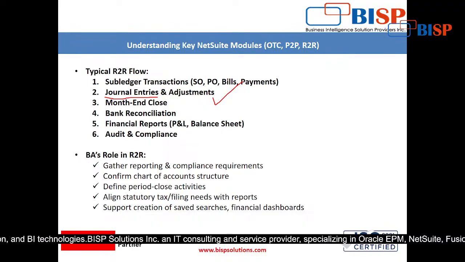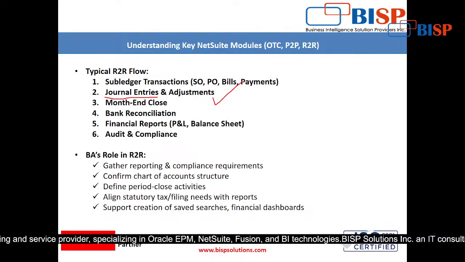Then you will see the month end close, bank reconciliation, finance reporting, audit and compliance. All these things are done by accountants, but the business analyst understands exactly what is happening.